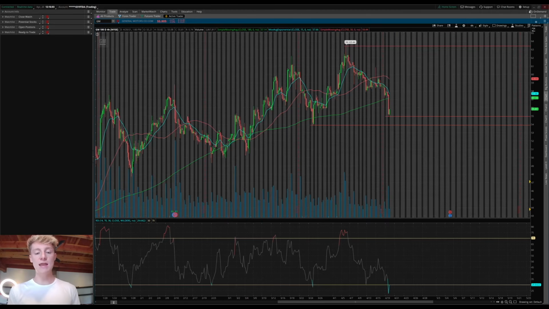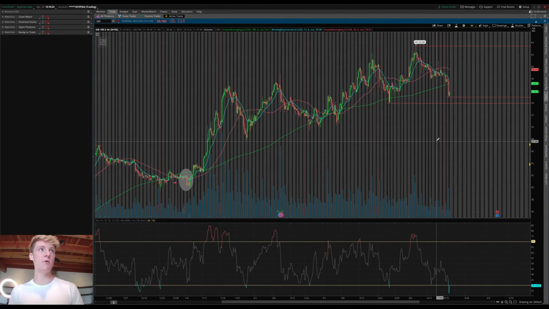If you want to go watch that again, I went over this setup that I have identified, but just for a little recap, the pattern I've identified using the 4-hour looking at ticker symbol GM is this very defined pullback right below the 180-day SMA. So you can see we've gotten these pullbacks several times, haven't been able to hold right above the 180-day SMA. We've dropped just below, and then we've experienced this very large push.